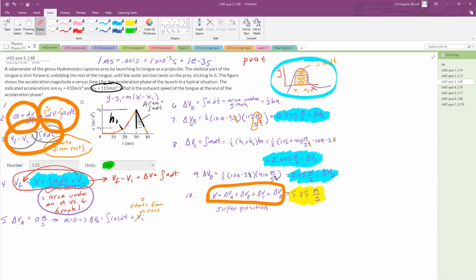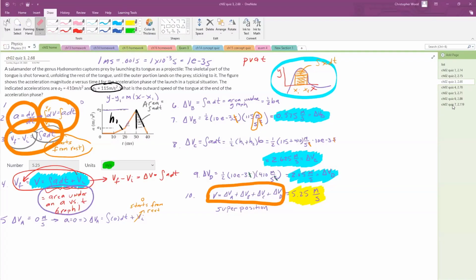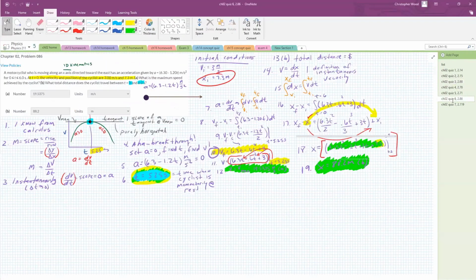Professor? Yep. For number 6, the only difference in my numbers is that instead of 6.3 for the original acceleration function, it's 6.6 for me, and that's the only difference.